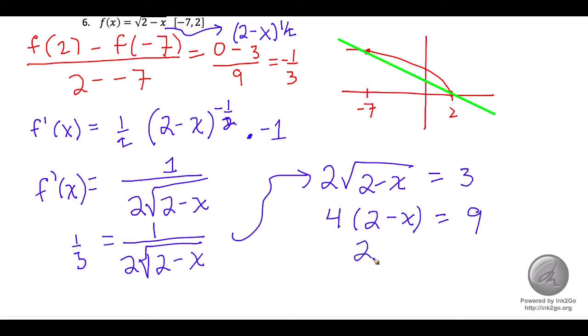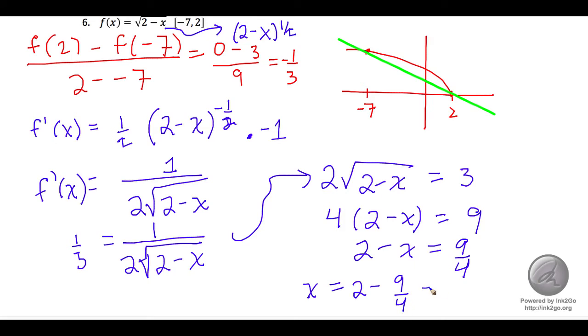And then from here, it's some basic algebra. 2 minus x equals 9 over 4, and x is equal to 2 minus 9 over 4.